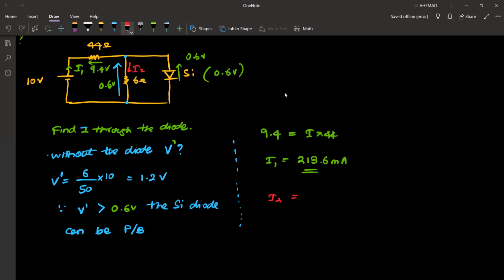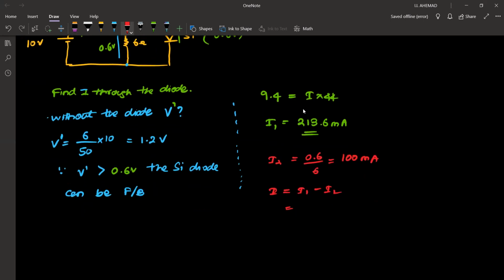I2 is equal to 0.6 over 6, so this is equal to 0.1, 100 milliamperes. So what is I? Then we can find I. I is equal to I1 minus I2. So when you calculate, you get 213.6 minus 100, that is 113.6 milliamperes.